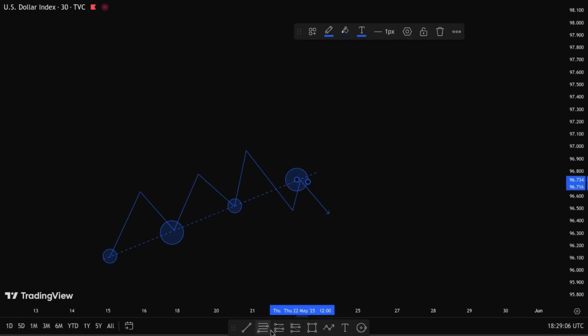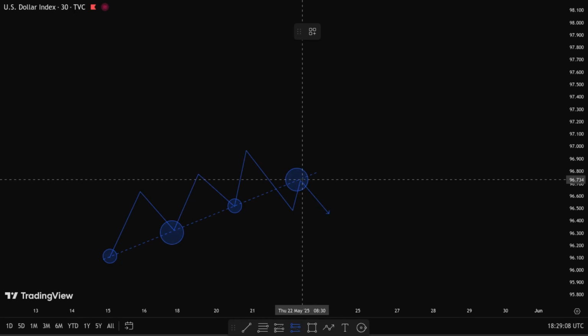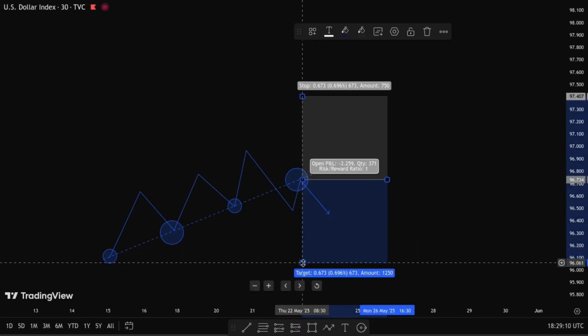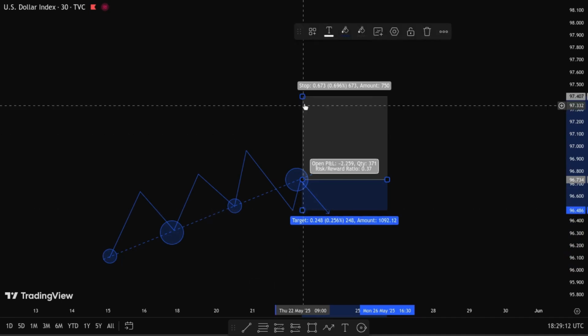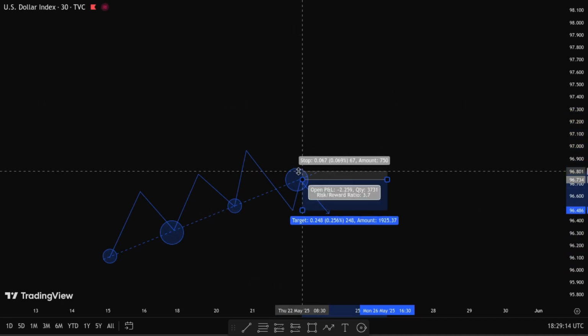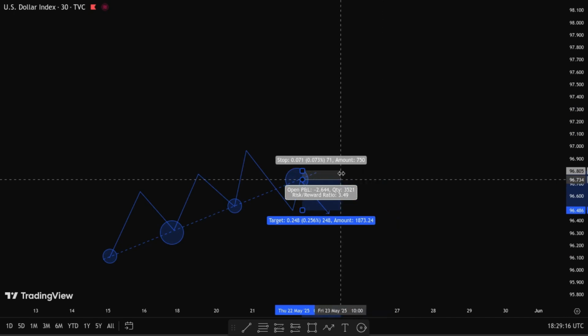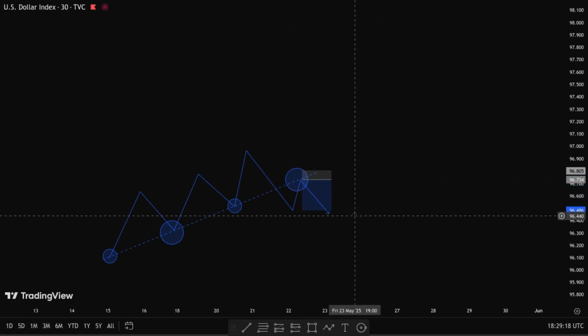So whenever price breaks, many traders are going to be shorting from here, targeting this previous low and putting their SL at the other side of the trend, something like this.